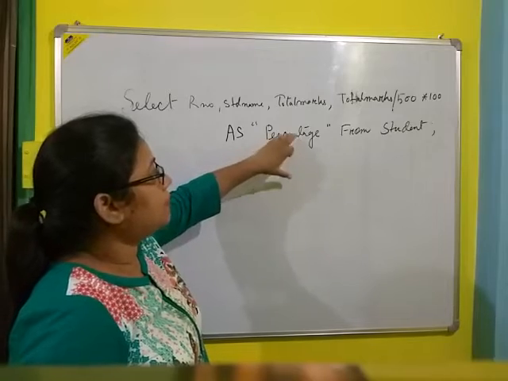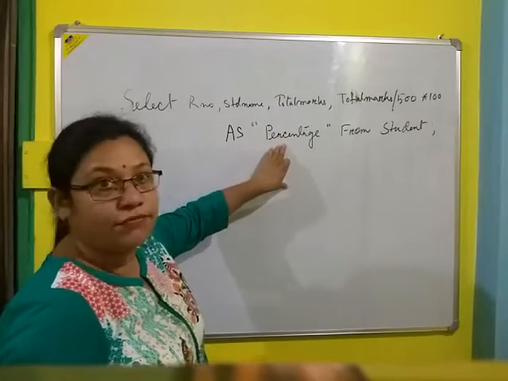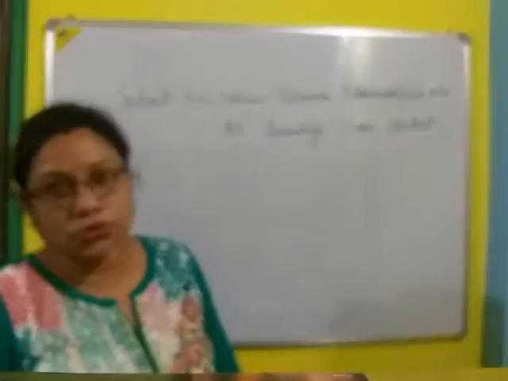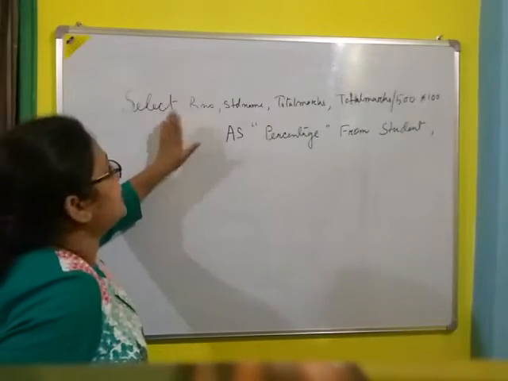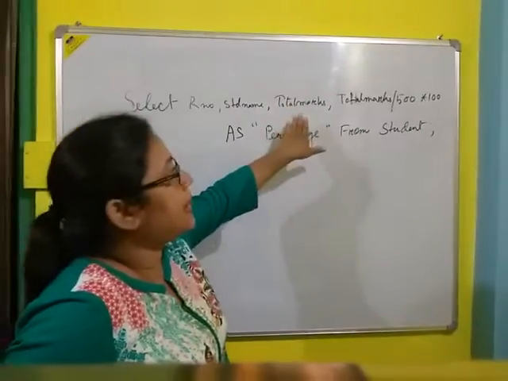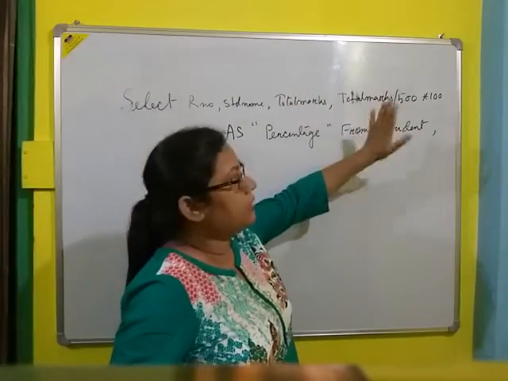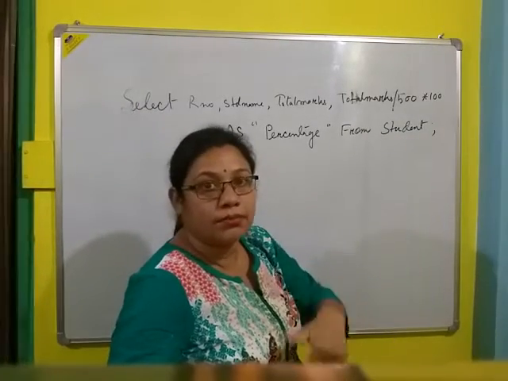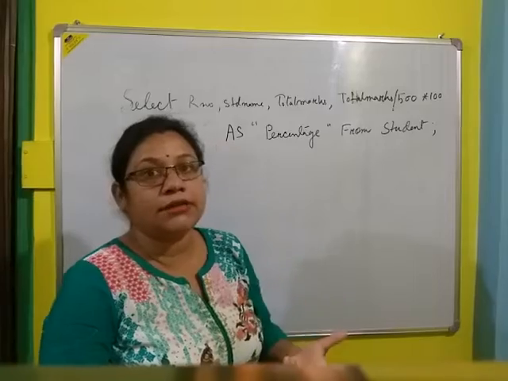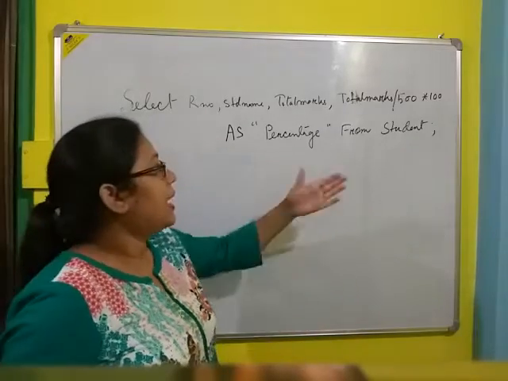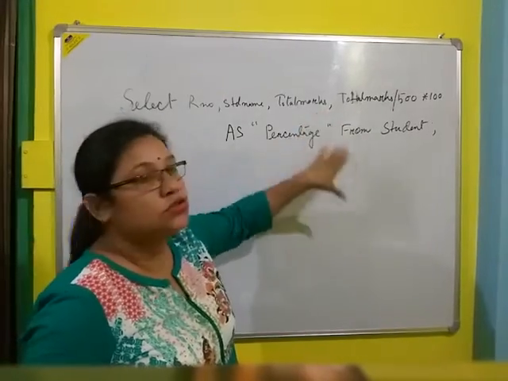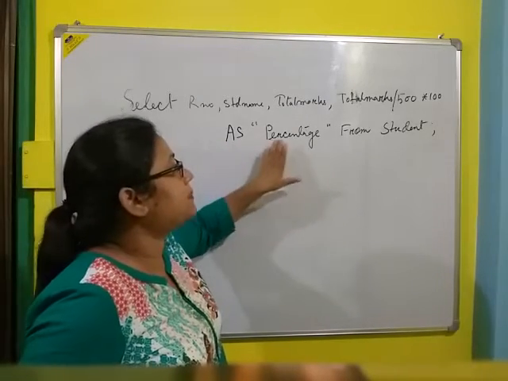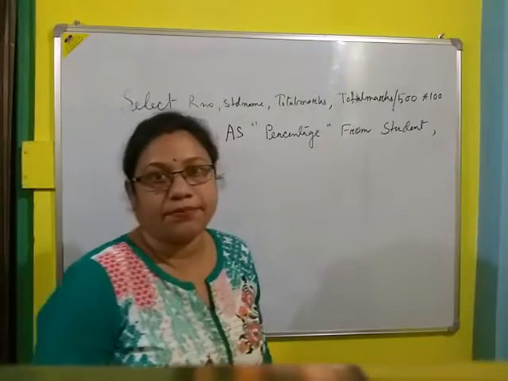That is, I am giving a name for a field where we are going to store the percentage of the student. So the SQL command is select roll number, student name, then total marks, and then you give the formula for calculating the percentage, and give the field name where you want to store the percentage by using the AS keyword, as percentage from student.